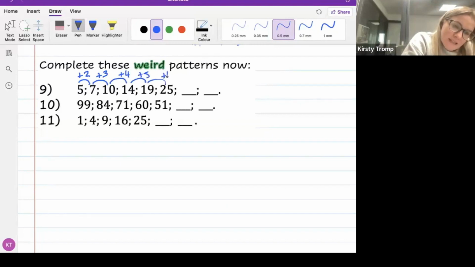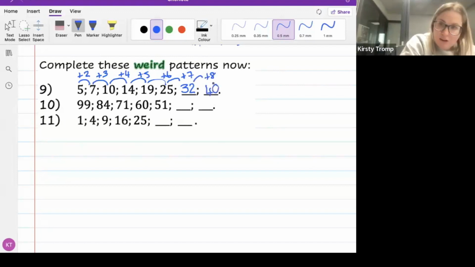And then plus 6. All right. So what am I going to add to 25 to get to my next number? I'm going to plus 7. So 25 plus 7 gives me 32. Then what must I do? I must plus 8. 32 plus 8 will give me 40.